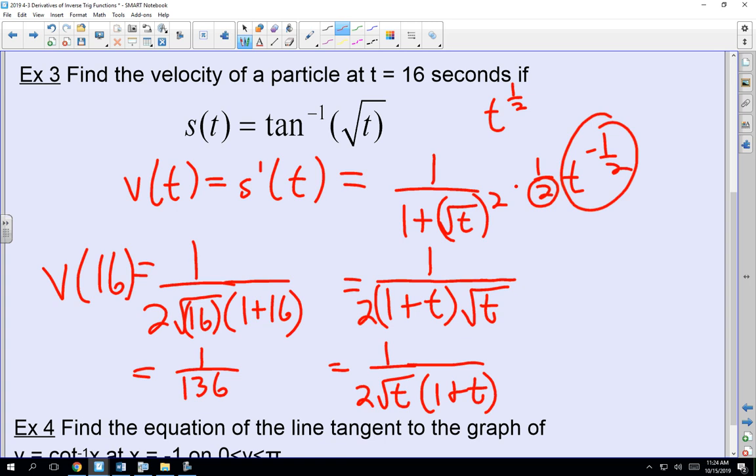So 1 over 136, whatever the units are. That's it.